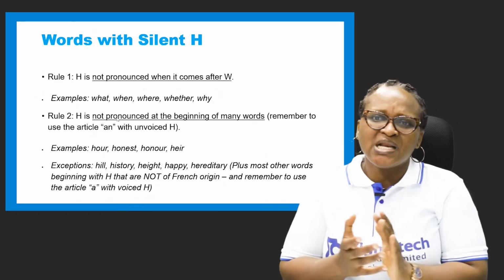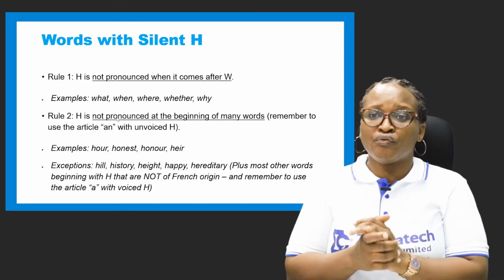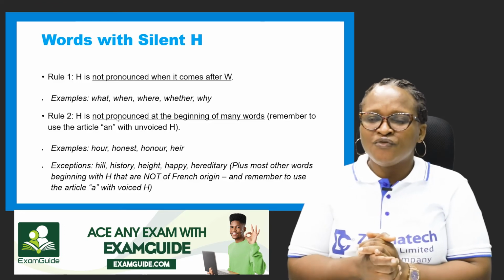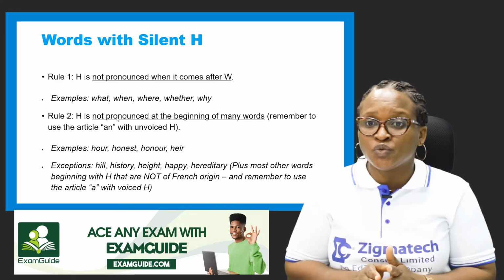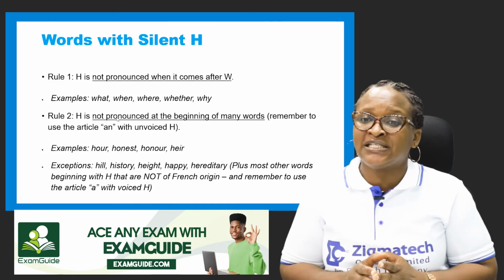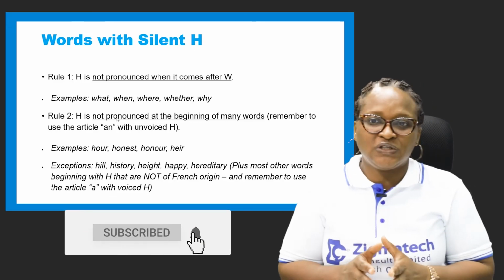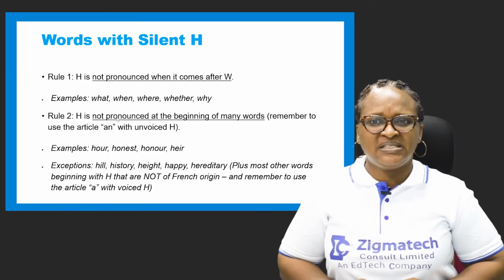But I want to clear something up today. As long as we want to pronounce a word, we must not look at the physical letter. Rather, we think of the right pronunciation. Because sometimes certain words start with consonants, and trust me when I say at the point of pronunciation, it is a vowel that you start off with, just like the examples we have here. These four words are perfect examples.